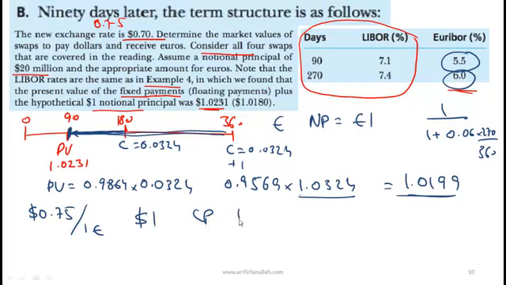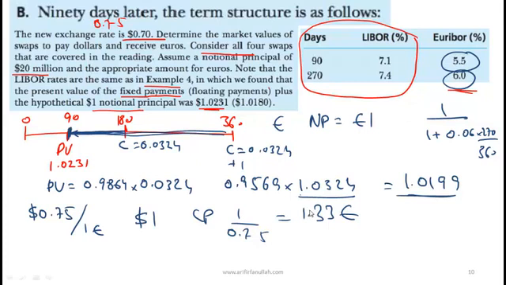It would be 1 over 0.75, which is 1.33 euro. So we borrowed $1 and the counterparty borrowed 1.33, because the two need to be equivalent based on the exchange rate when the swap was initiated.